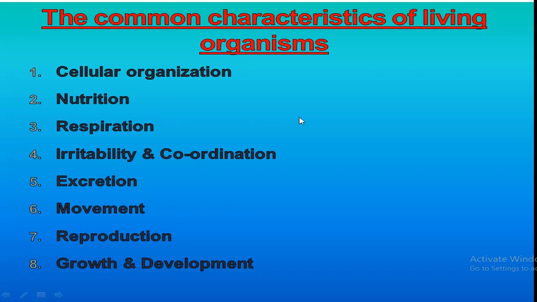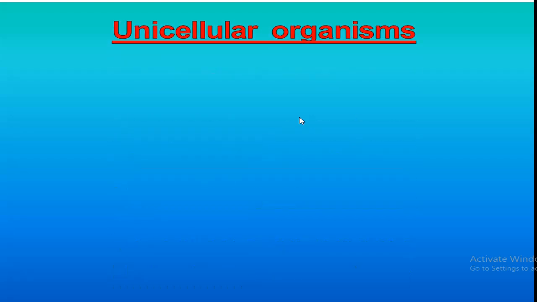First we will learn about the cellular organization. Among the 8 characteristics of the organism, today we are going to learn about the cellular organization. Let's learn what the cellular organization is.